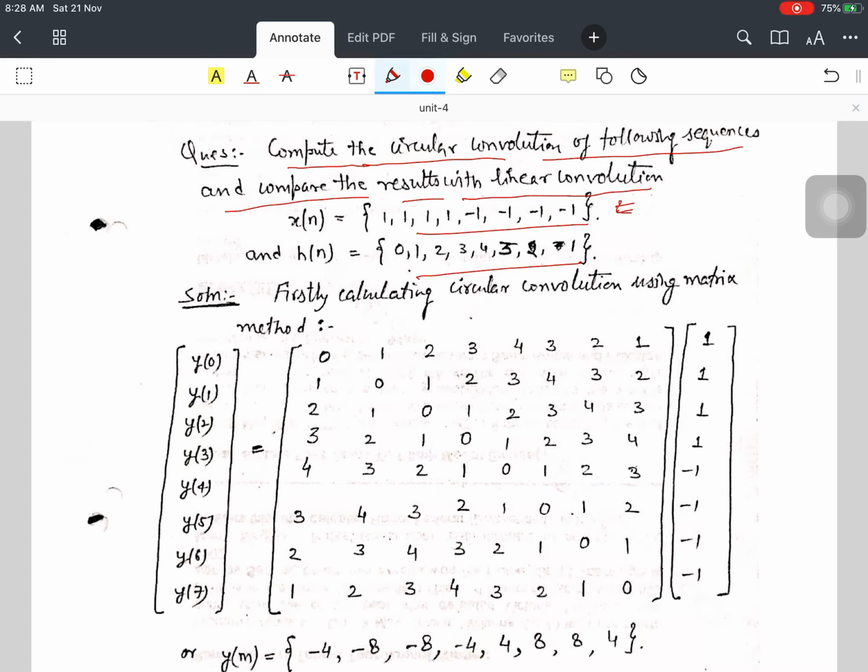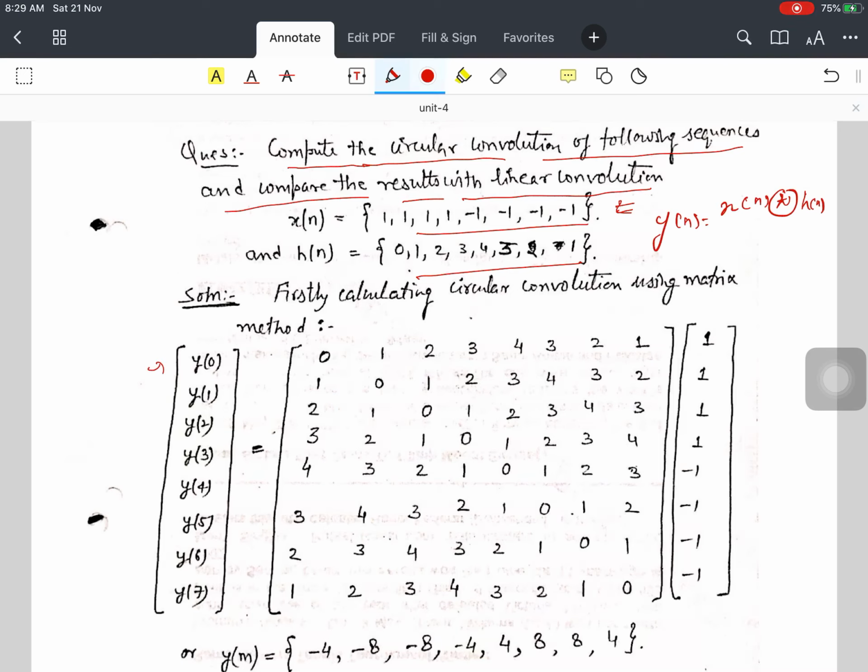What you have to do? We have to convert to the generalized equation, that is y(n) equals x(n), circular convolution sign, h(n). We know this matrix method. Firstly, we have to write y(n).